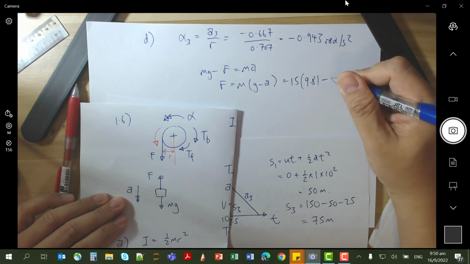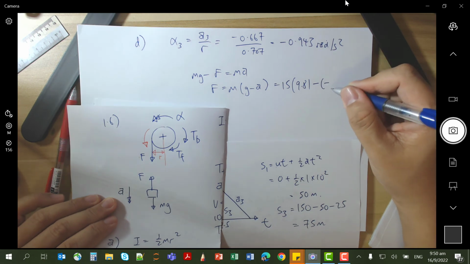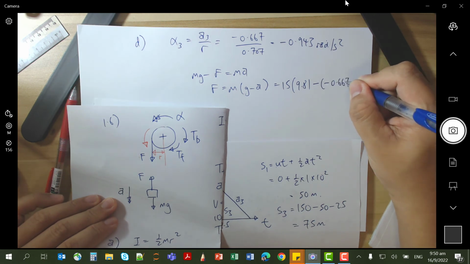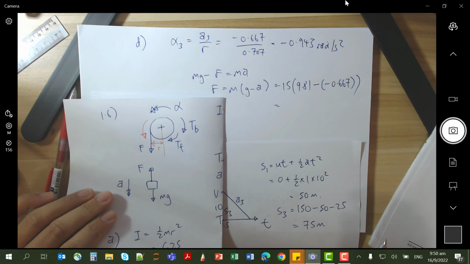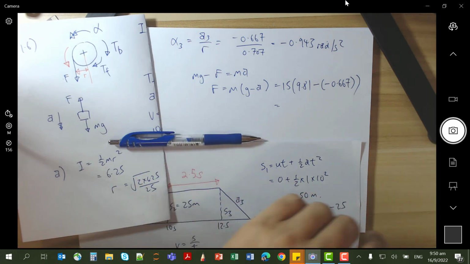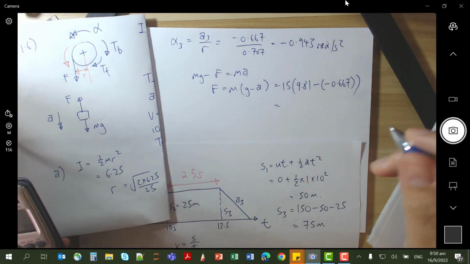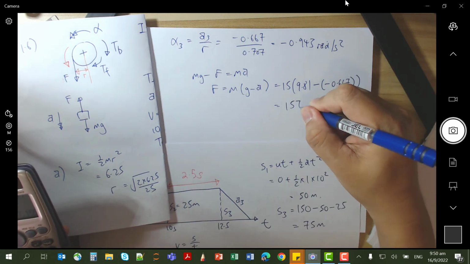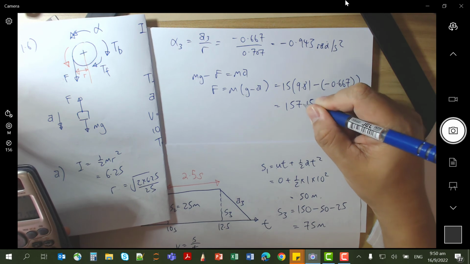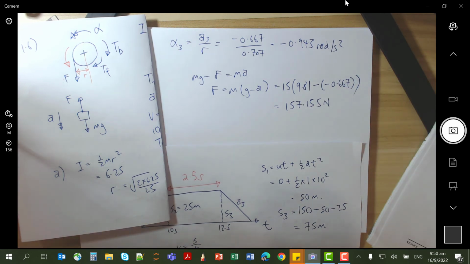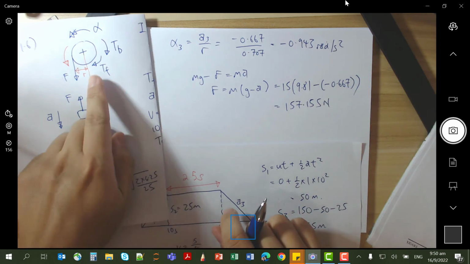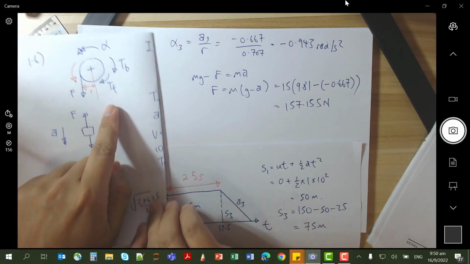Remember to minus 0.667. So the new tension is 157.155 Newton. With this we can then look at the rotating component.